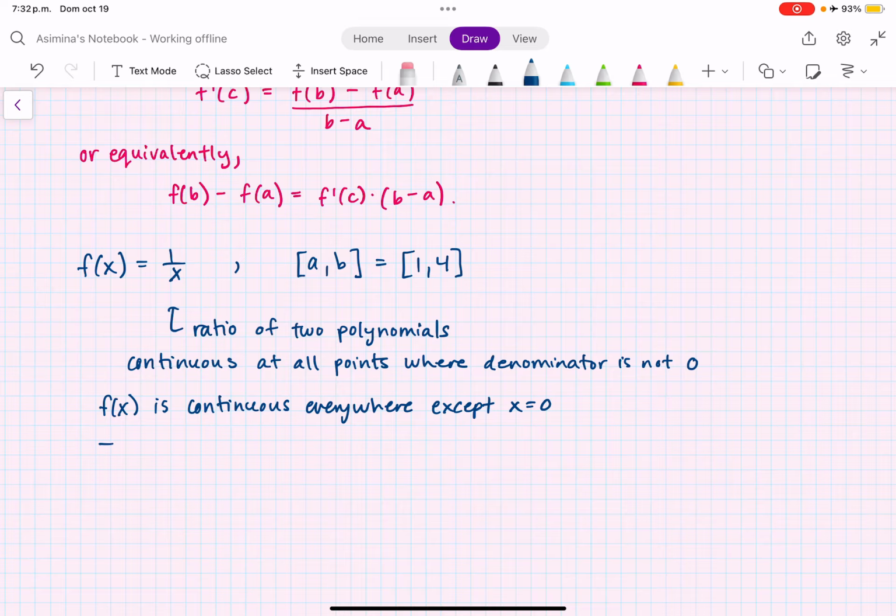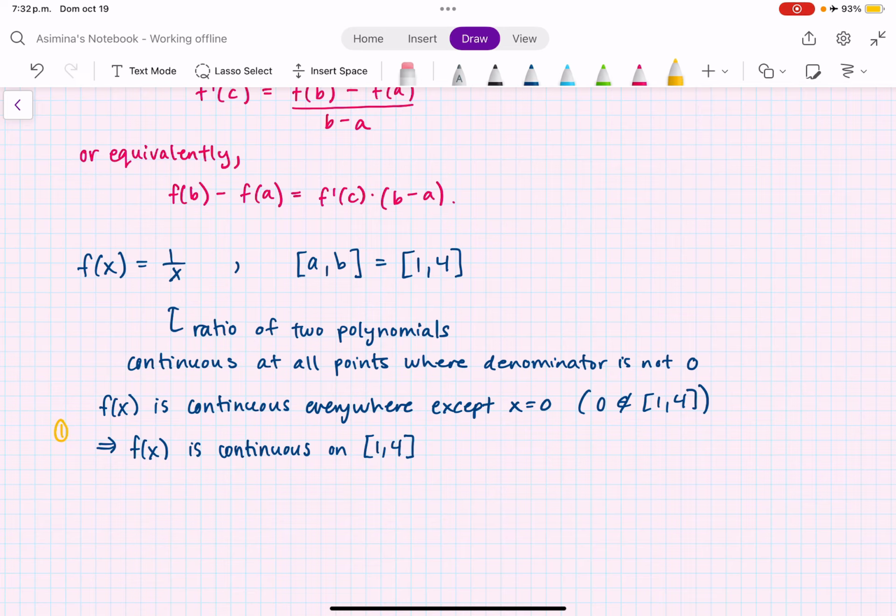Therefore, f of x is continuous on the closed interval 1, 4, right? And then I'll say that 0 is not in the closed interval 1, 4. Great, so that satisfies condition 1.